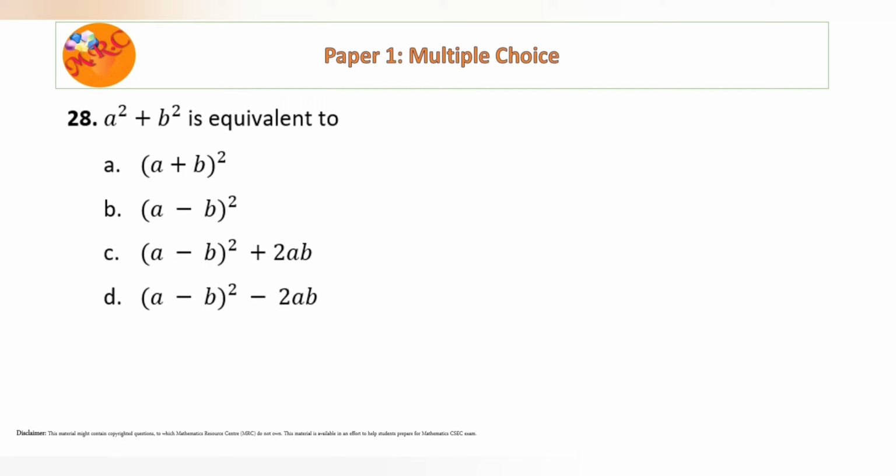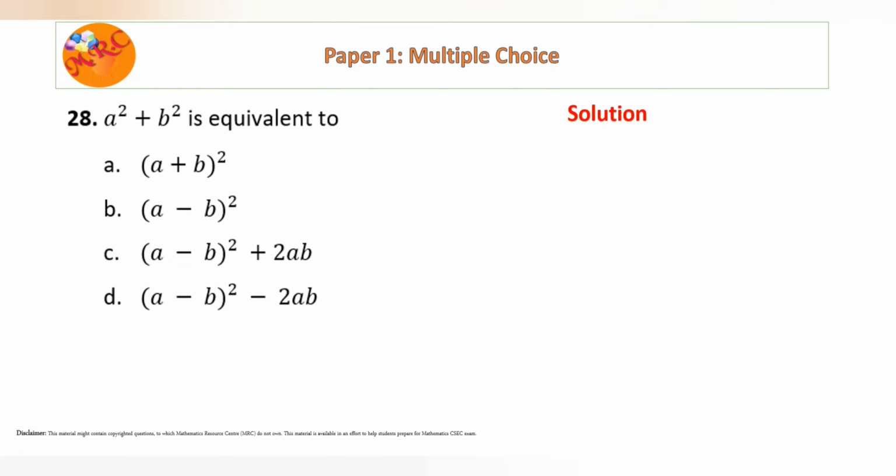Or if you have x squared plus y squared, or it doesn't matter what they change the number to. If it's a variable square plus another variable square, it's always going to be equivalent to this particular thing, right? So let's go through the solution.